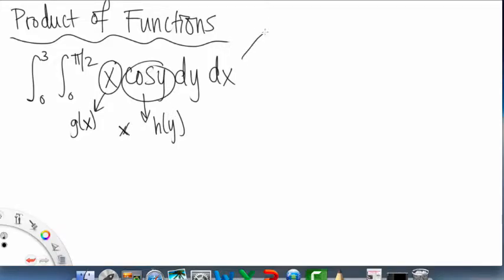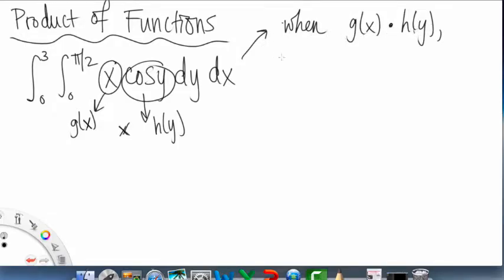Okay, so when you have a function of x times a function of y, you can basically split them up into two separate integrals. So this is a pretty important one. Whenever you see it, it's a nice shortcut, and it makes everything look a little bit more simple.